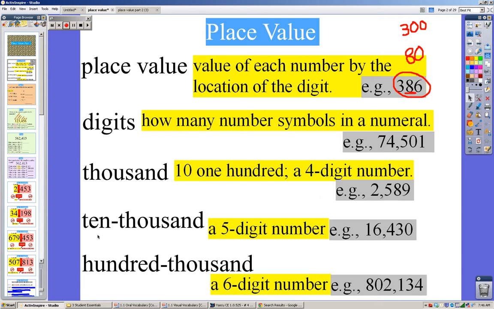We have a 10,000 number has 5 digits. So 16,430 has 5 digits. And we also go up in 3rd grade to 6 digits, or 100,000. So a 6-digit number, for example, we have 802,134.